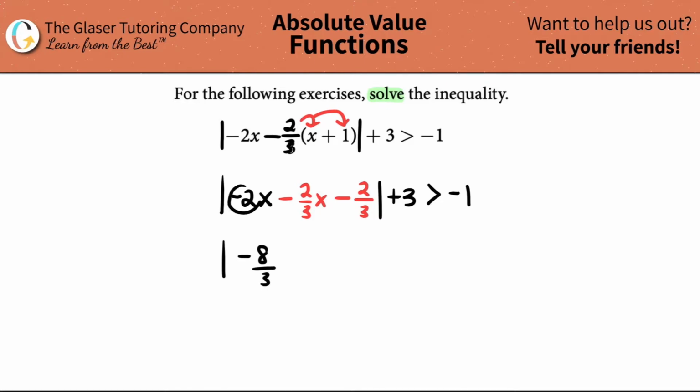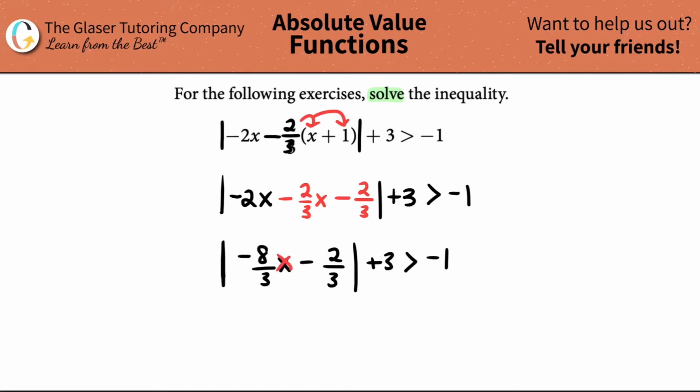Because negative 2 is the same thing as negative 6 over 3, and I like to keep the denominators the same. That's why the denominator is the same here. And then negative 6 minus 2 is negative 8. So that part would be negative 8 over 3 x minus 2 over 3, plus 3 is greater than negative 1.